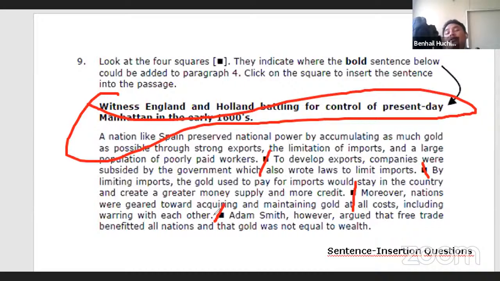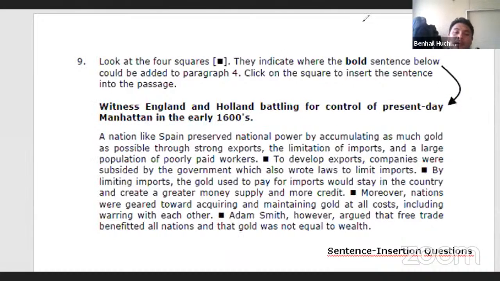In that case, yes, you need to read the little paragraph, and it says, a nation like Spain preserved national power by accumulating as much gold as possible through strong exports, the limitation of imports, and a large population of poorly paid workers.